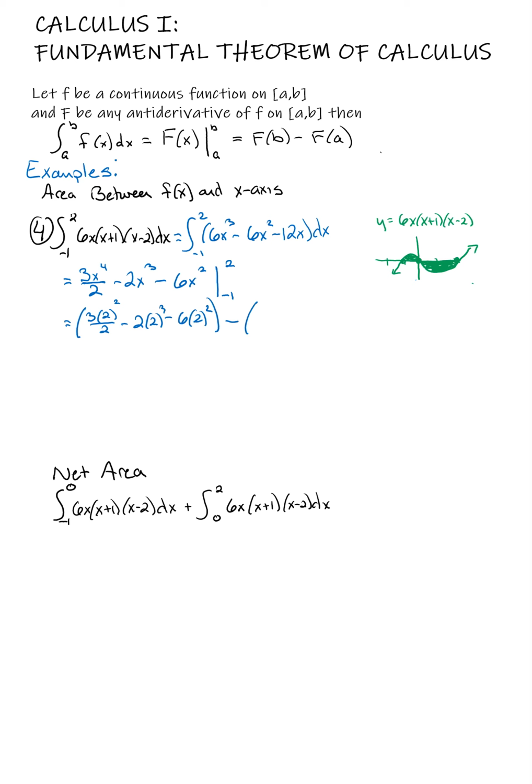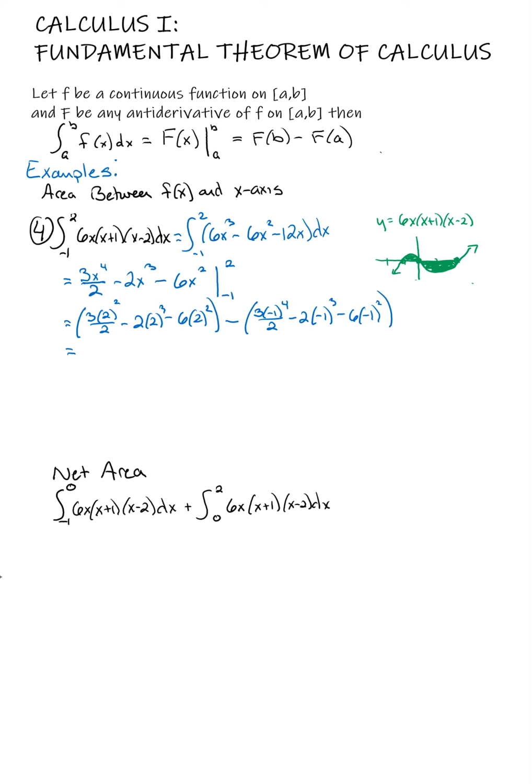Now I'm going to evaluate at the lower limit of -1. Again, just take your time with this. It's really not difficult, but we can easily make mistakes. Just the positives and negatives alone could cause major issues. So again, evaluated at the upper limit minus evaluated at the lower limit.